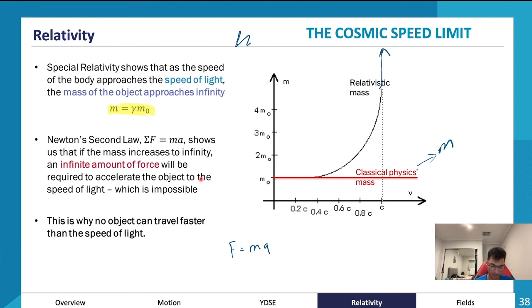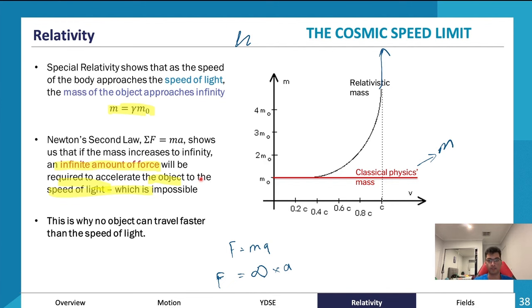So if your mass is close to infinity, and we're multiplying that by acceleration, you require an infinite amount of force to accelerate. And because of this, you can never actually reach the speed of light. So any object that has mass will never be able to reach the speed of light, because the mass of the object is going to approach infinity.